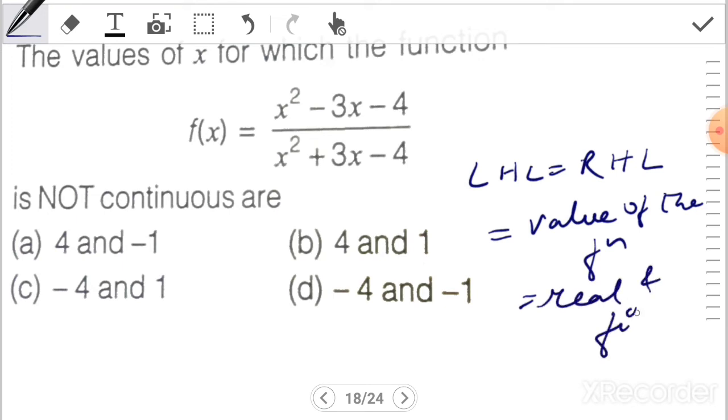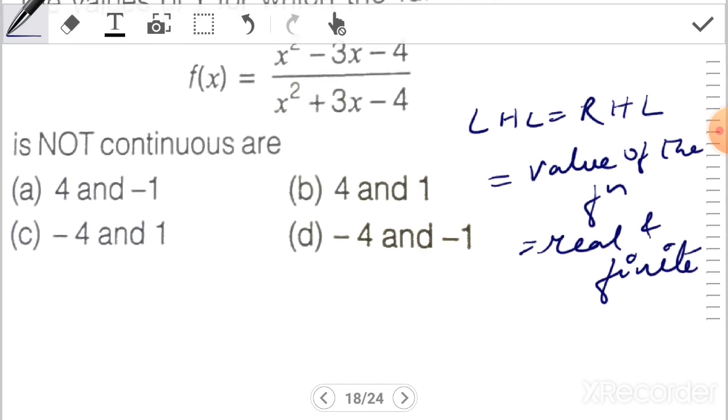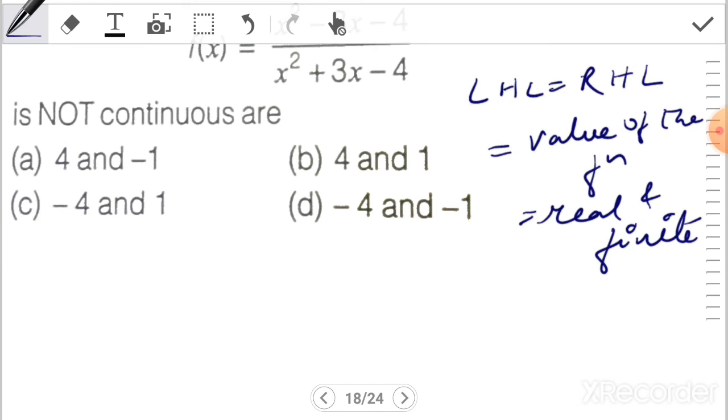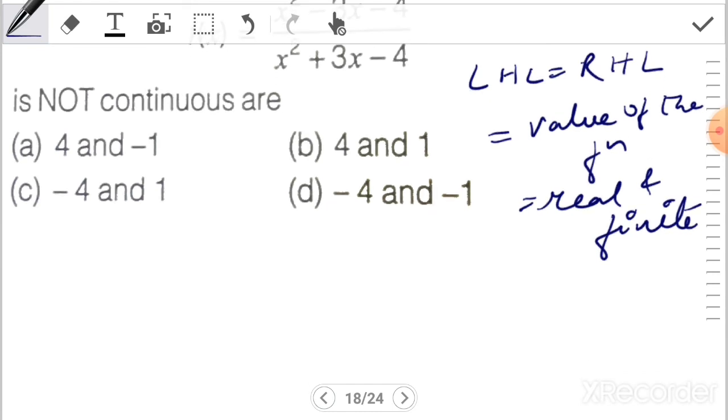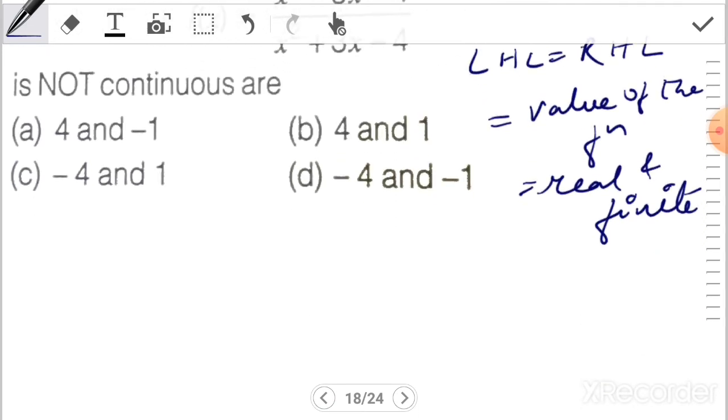And the function is said to be differentiable if at x equal to a, the left hand derivative is equal to the right hand derivative and is well defined.